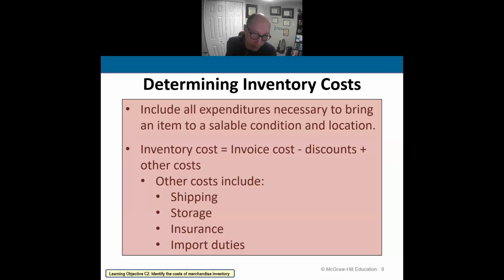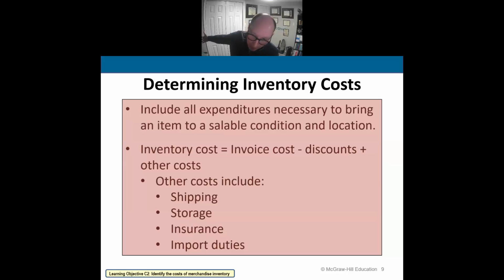Well, there's a couple costs associated here: the cost of shipping, the cost of storing the box of red shirts in my warehouse, the insurance I had to pay on the transport of the red shirts, and import duties, also known as import tax.